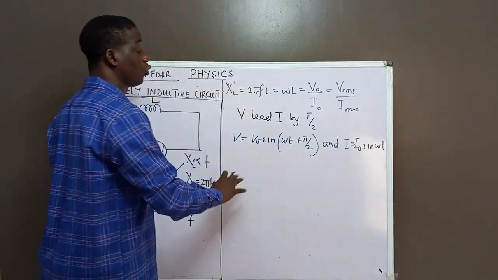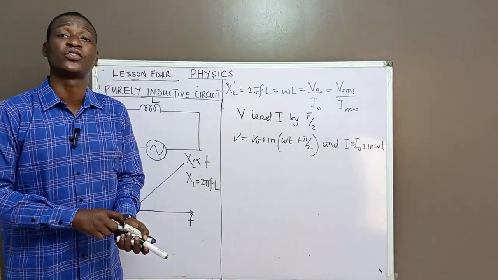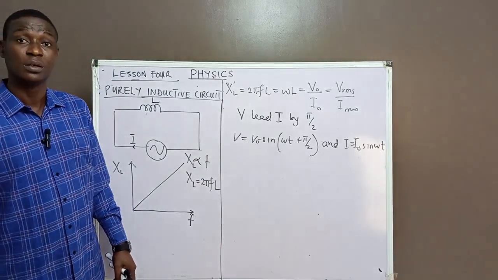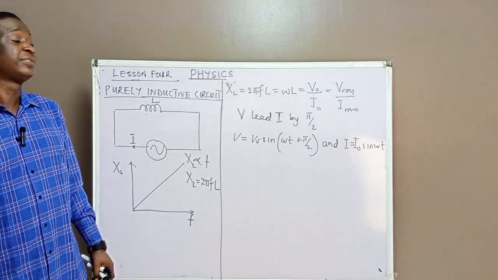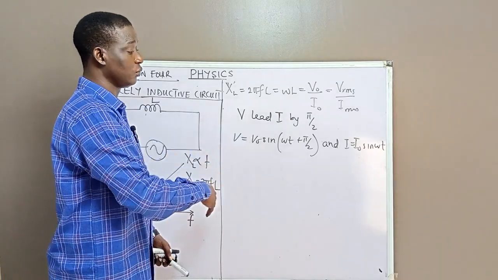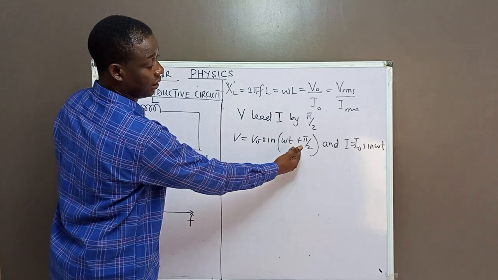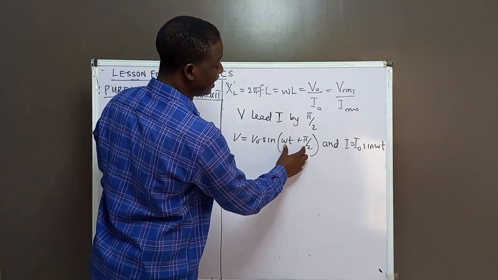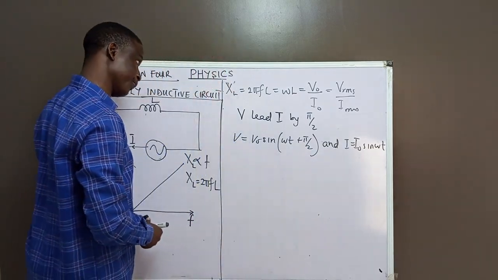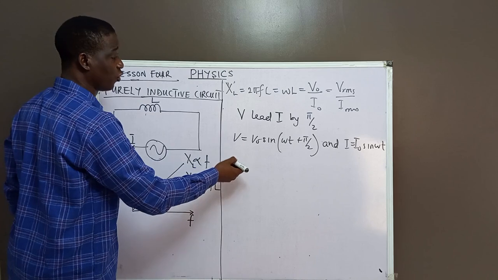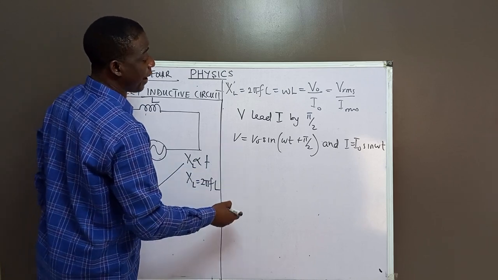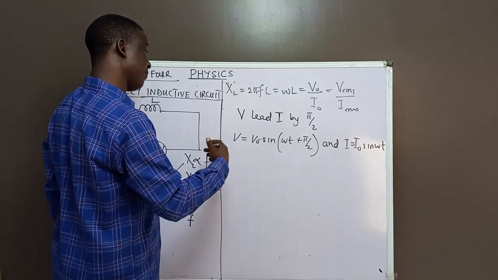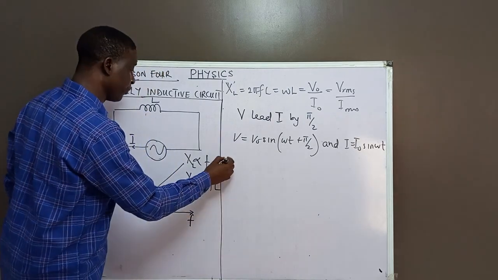In some exams, they will tell you to write the instantaneous equation for an inductive circuit. So these are the two to show. And if you check from the equation, you see that the voltage leads the current by pi over 2. Another thing again, you can also say current lags voltage by pi over 2.